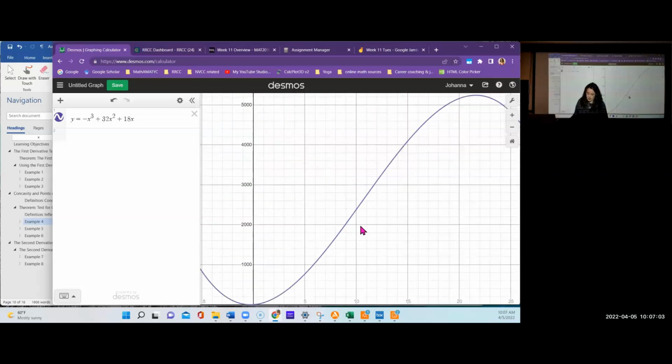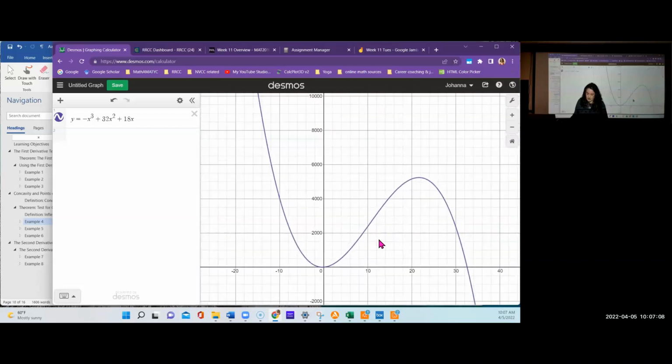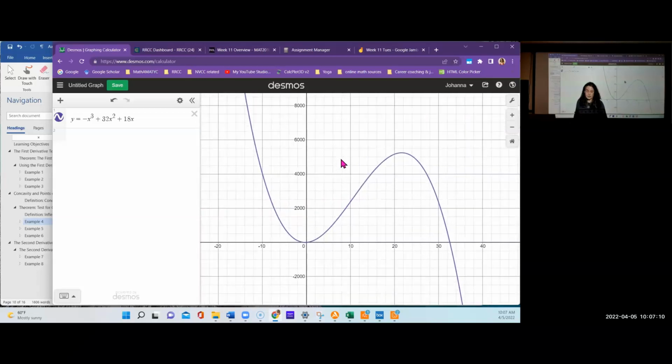Now we have a much better picture of what the graph looks like. And now you can actually see the cubic behavior, whereas the first time I graphed it, it looked more like a parabola. But now I can see the critical values that came about and created this graph.